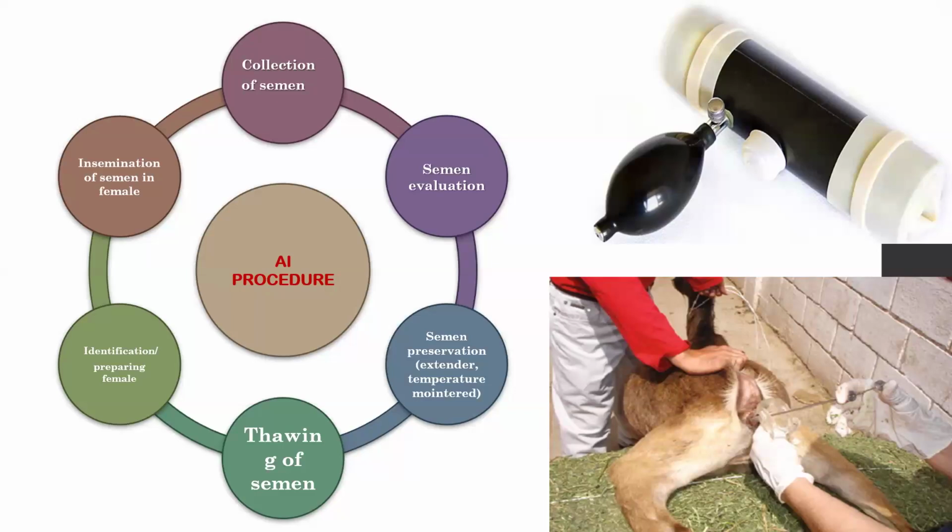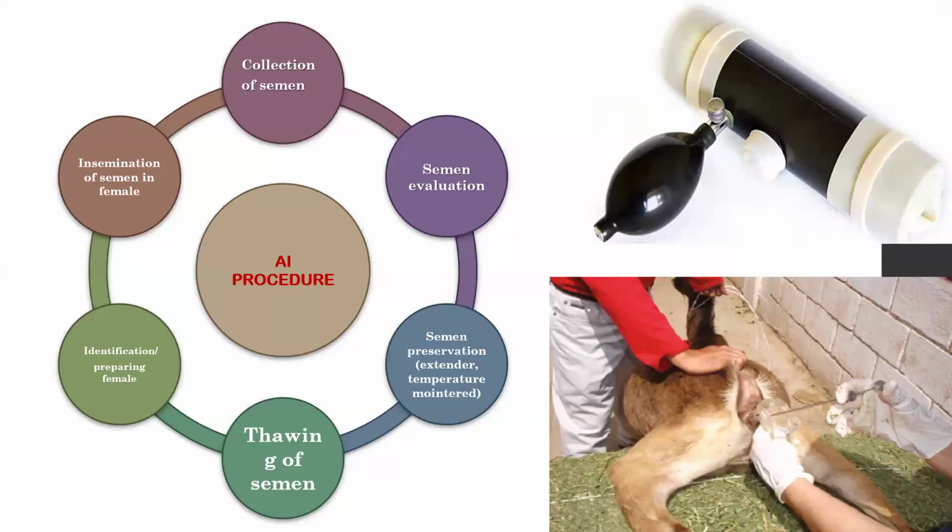For some purposes and some cases of semen collection, we use a dummy animal also. But in artificial insemination, we use a female who exhibits the estrus cycle, who is in its estrus phase, showing the heat signs. We have to identify her and prepare her.